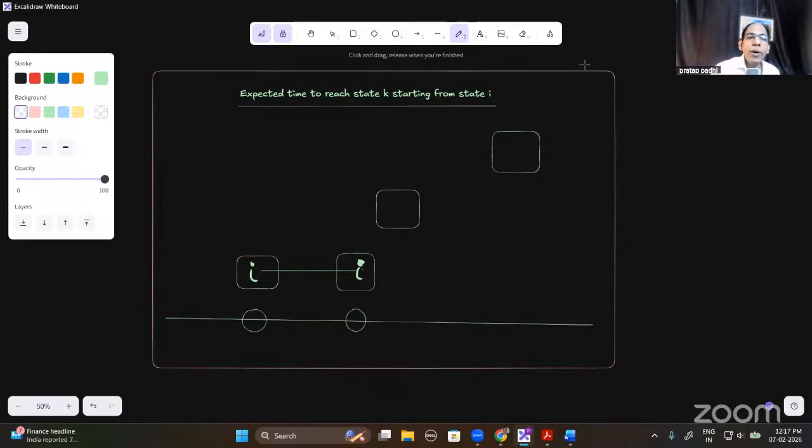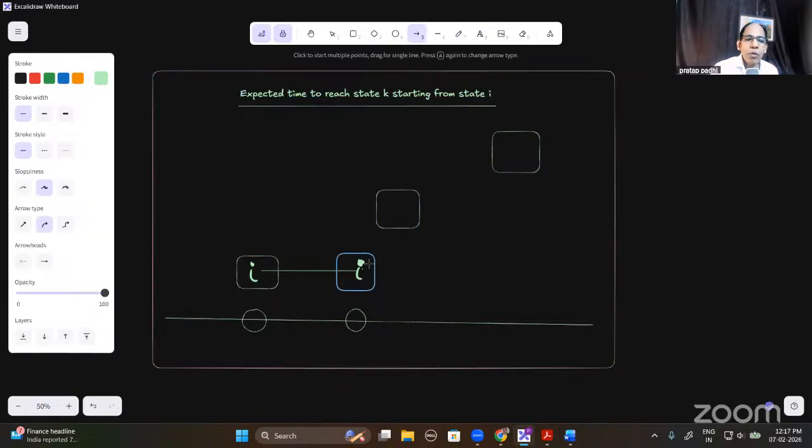What is the probability that I will go here? We'll find the probability because we studied probability today. When I make a transition, what is the probability that I will go here? From here again, I will start the process once again.